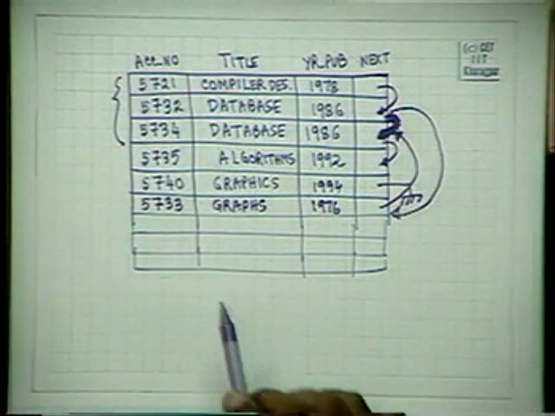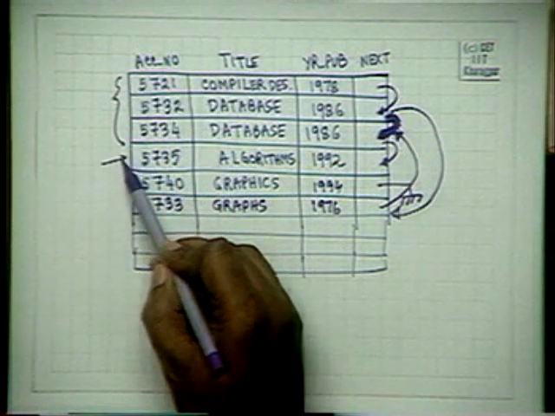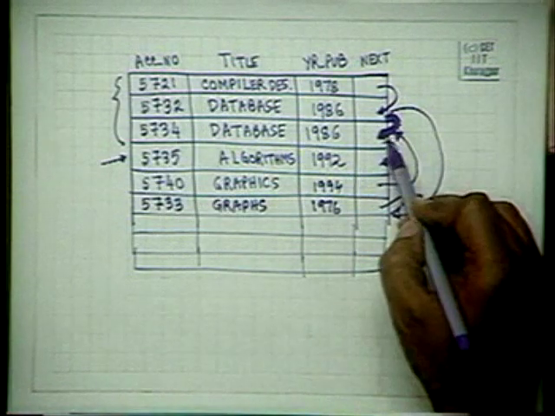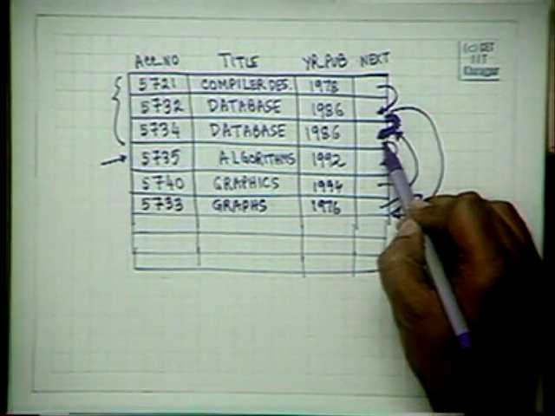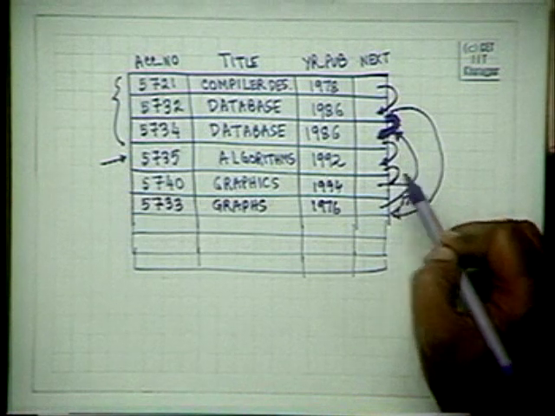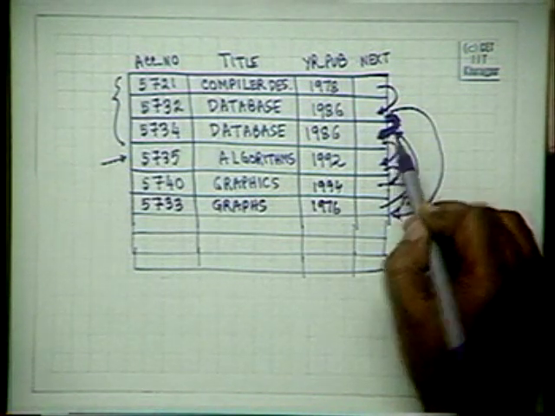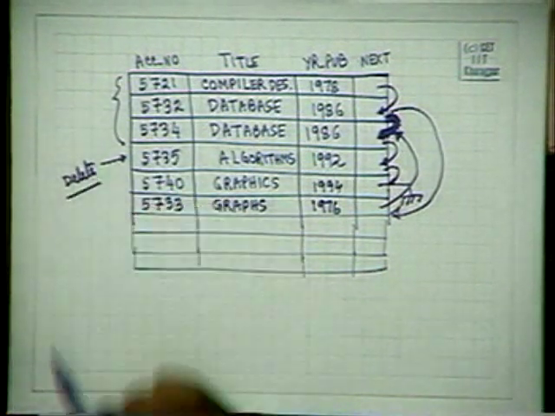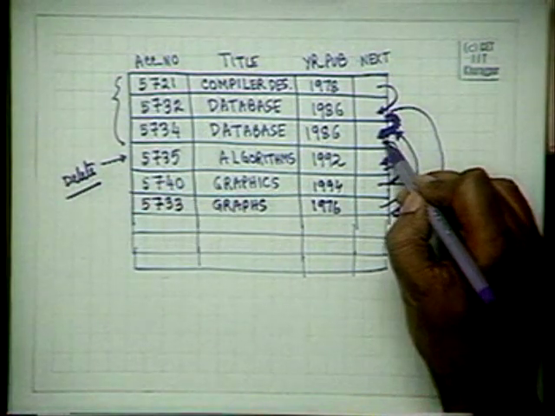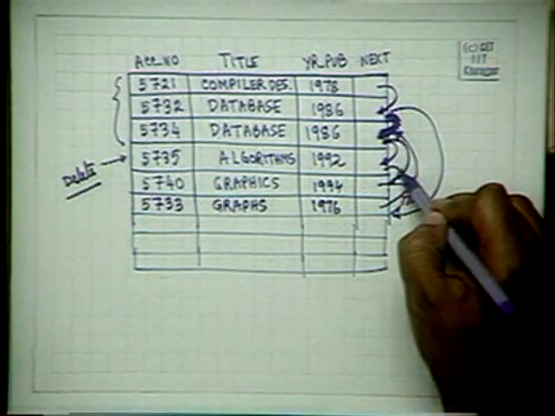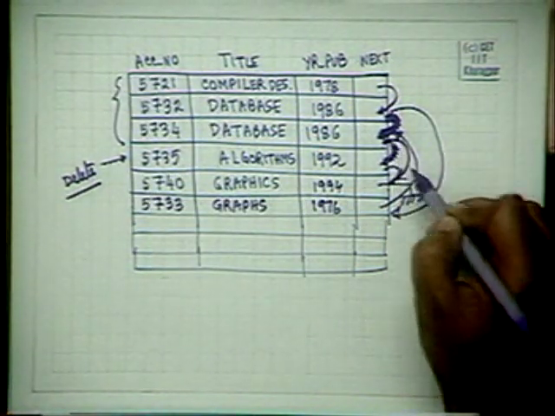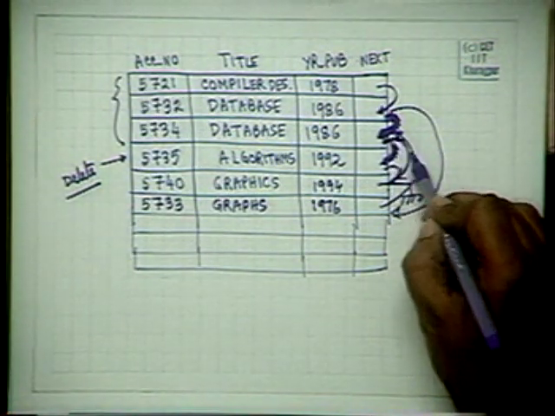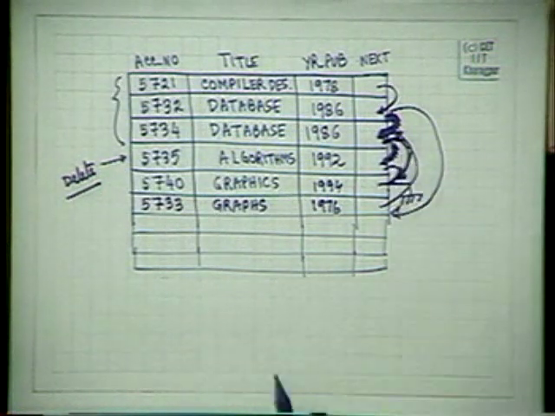Now deletion. Suppose we have to delete this one, then this pointer will move to the next one. This one was pointing like this, so this pointer will be removed. So suppose we delete this one. In order to delete this, this pointer will now point here, and this pointer will be removed.